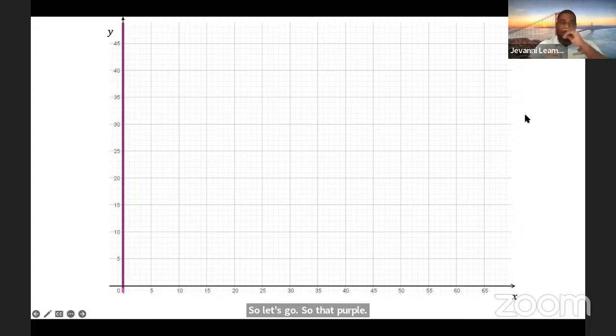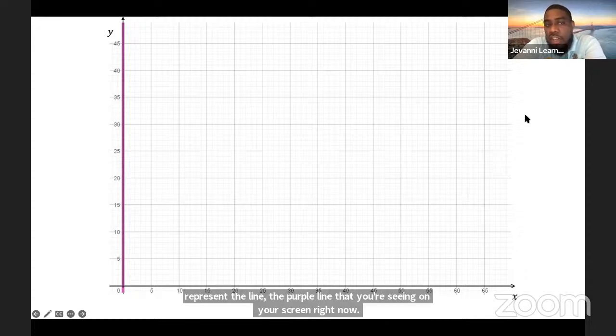So let's go. That purple line, what would that value be? What would I write for that? Would I write an inequality or would I write an equation? So are you writing an inequality or an equation to represent the purple line that you're seeing on your screen right now?